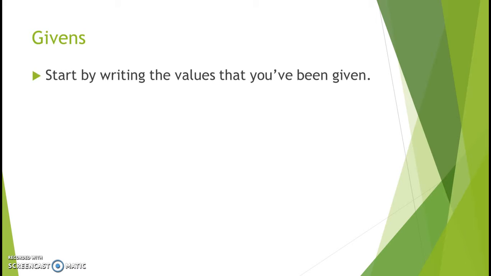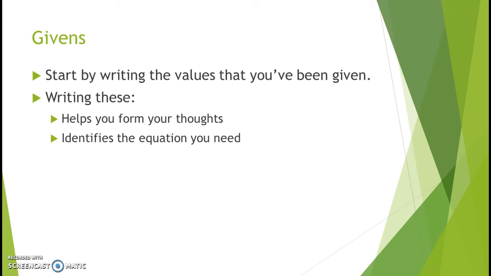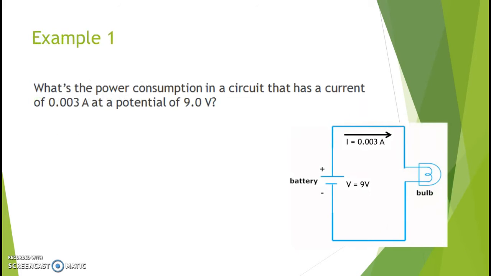Okay, so our givens. When you are putting down an answer for a question, start with the values that are relevant from the question that you've been given. Writing these down helps you form your thoughts, and it identifies the equation that you need to use. So, in our example, we're going to calculate the power consumption in a circuit that has a current of 0.003 amps at a potential of 9.0 volts.